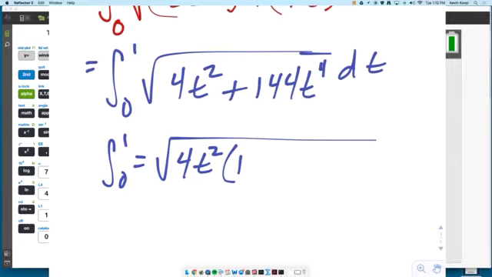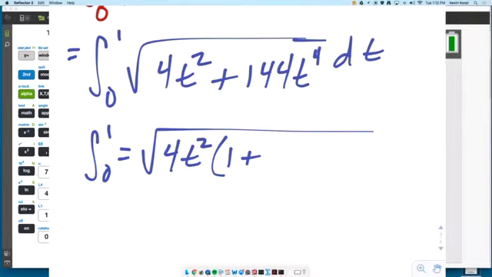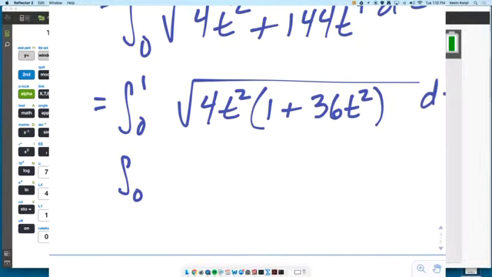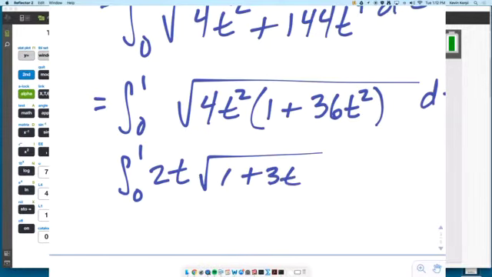And that leaves me a 1 plus 36t squared. Now, why is that important? 4t squared as a factor is a perfect square, isn't it? So, oops, I put an equal sign there. That's not the right place for it. I can factor that out from under the radical and call it a 2t outside the radical, and that leaves a 1 plus 36t squared under the radical.